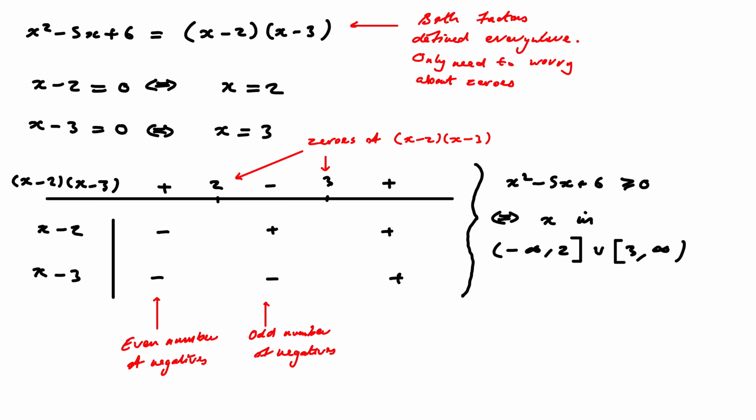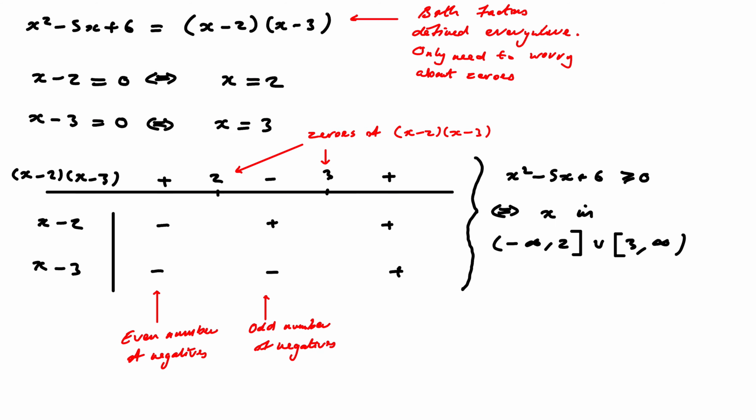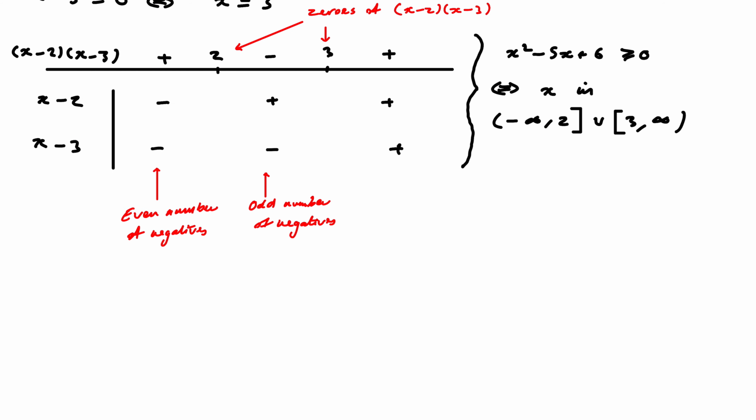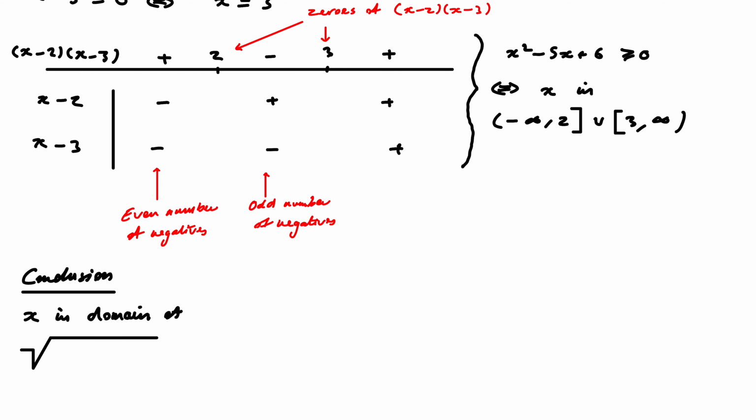Okay. So let's put everything in a conclusion, right? We've got so much going on. So conclusion. X is in the domain of my original expression, so the square root of x squared minus 5x plus 6, if and only if.